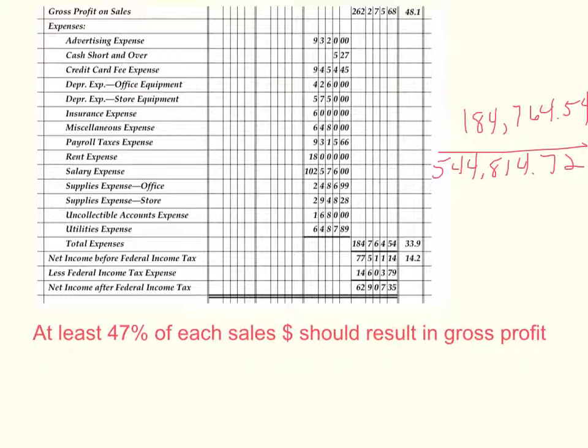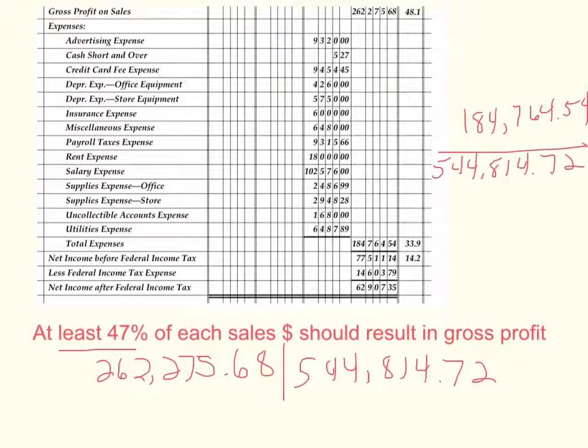The industry standard for gross profit says that at least 47% of each sales dollar should result in gross profit. You calculate this by taking your gross profit on sales, $262,275.68, and divide that by your net sales of $544,814.72.